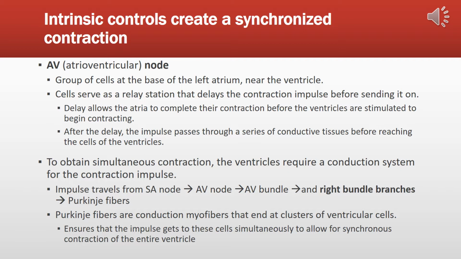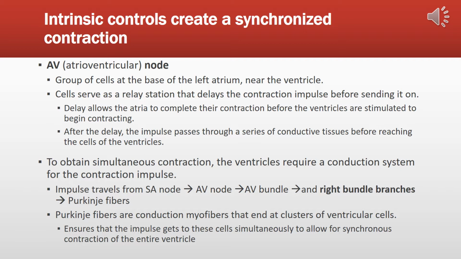And this node serves as a relay station between the SA node and the AV bundle. The delay it creates allows the atria to complete their contraction before the ventricles are stimulated to begin contracting, because we don't want all of these contracting at the same time.